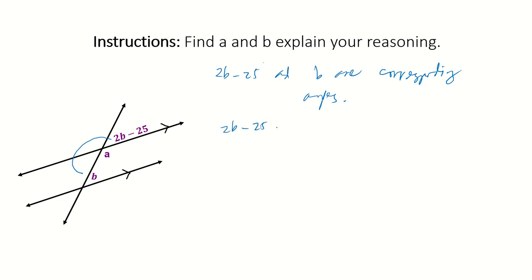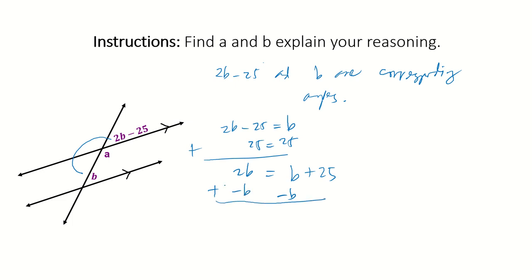So 2B minus 25 is equal to B. To isolate the B, add 25 first. So you will get 2B is equal to B plus 25. Then I have to add negative B on both sides. 2B plus negative B is B, then 0, then 25. So that's B.